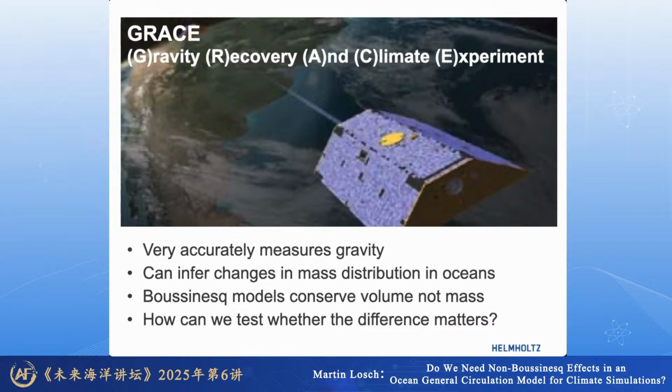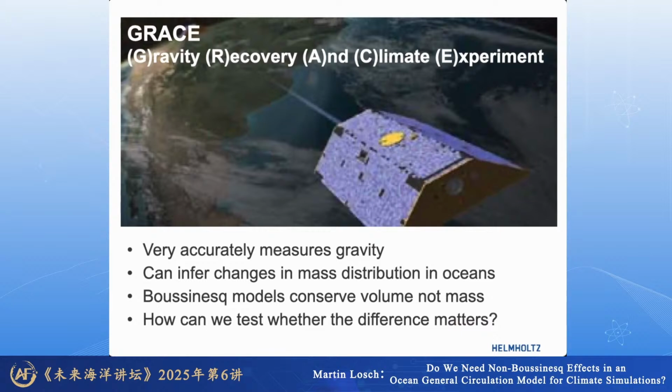And the question is whether our Boussinesq ocean models, which do not conserve mass but volume, as Xianyao already said in the introduction, are up to this and whether we can actually still use them. The big question back then was how we can test whether the difference matters. This satellite mission GRACE was very, very successful.